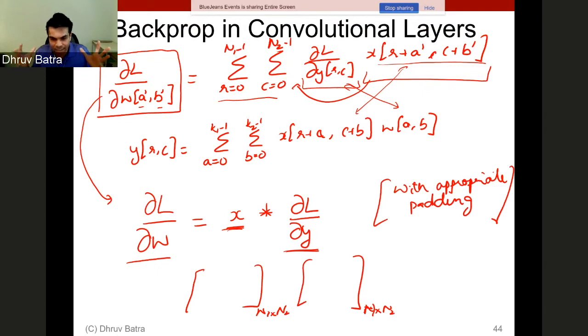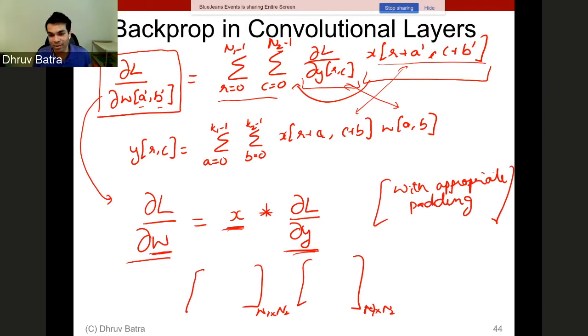And there's a very nice analogy to fully connected layers. Just like fully connected layers in the forward pass were matrix multiplications from the right, and in the backward pass matrix multiplications from the left, a dual operation, we end up with exactly that same sort of duality here. If you want to know the gradient with respect to W, take your input X and convolve it with the gradients. And if you want to know the gradient with respect to X, take W and convolve it with the gradients.